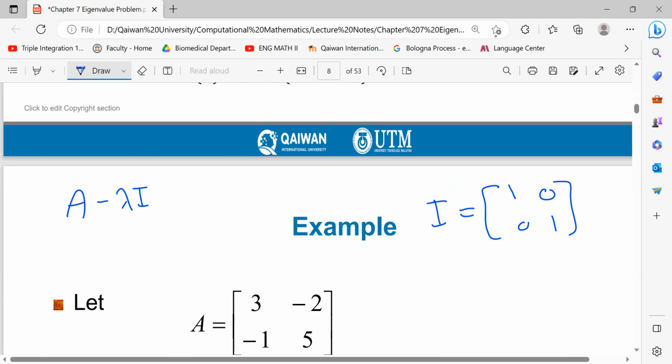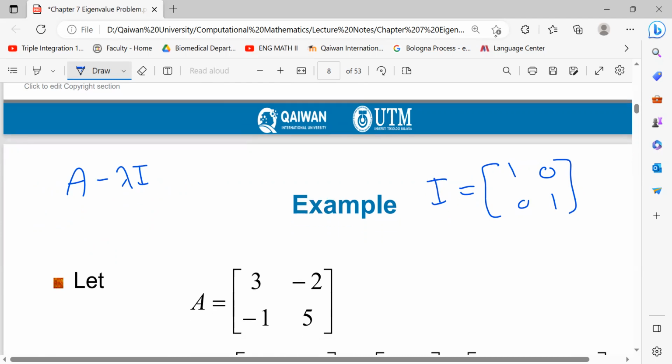A minus lambda I. What's A? A is the given matrix: 3, minus 2, negative 1, 5, minus lambda times I. I must be the same size as this one. If this is 3 by 3, take a 3 by 3.